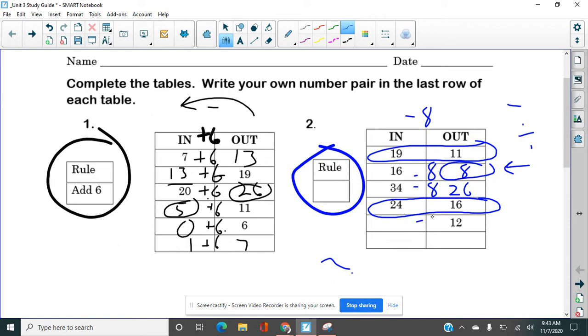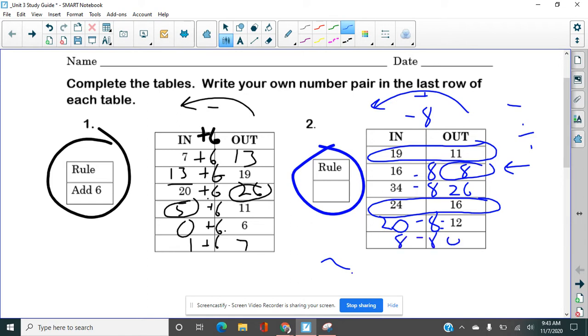And then, the opposite of subtracting is adding, right? So if this is a subtracting box, if we go backwards, we need to add. So 12 plus 8 equals 20, right? So 20 minus 8 equals 12. Now that makes sense. And let's add, how about 8 minus 8 equals 0.